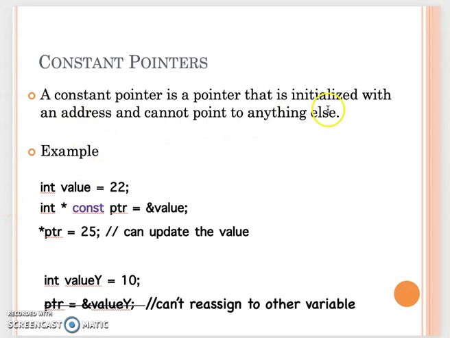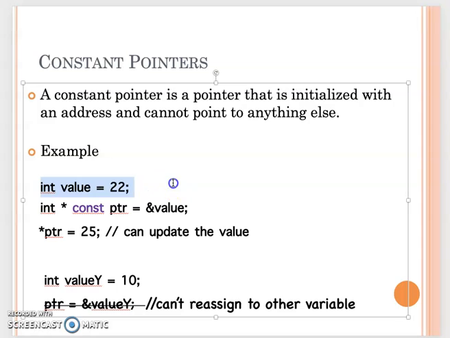It will be like this. A constant pointer is a pointer that is initialized with an address and cannot point to anything else. Here I still have my value variable. Then I declare a constant pointer, where the const keyword is associated with the pointer. This means it can only be assigned once, so you need to assign the location right away.